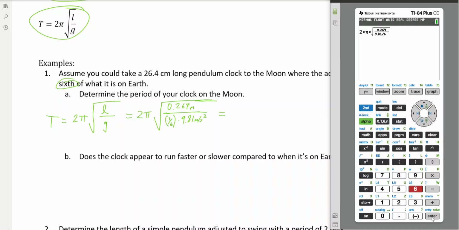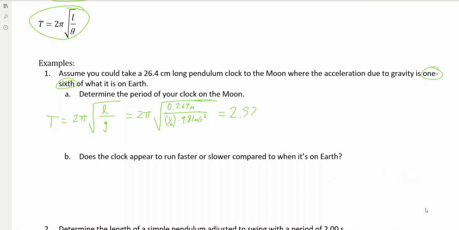I think that's probably easier in terms of typing it in. So 2.52, and we've got 3 sig digs, so 2.52 seconds. All right, and that would be our final answer.